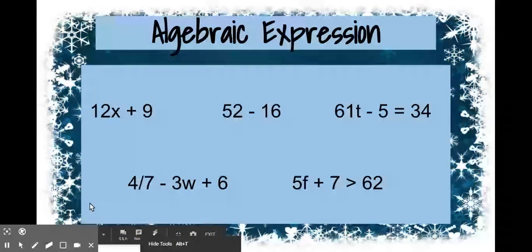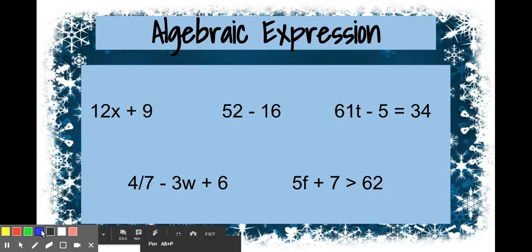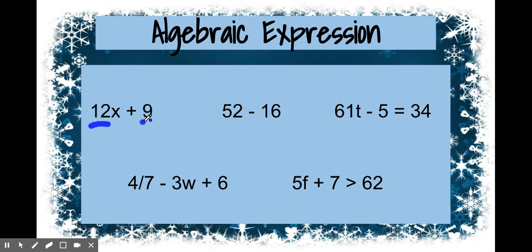We're going to move on to some examples. Here I have 12x plus 9. Well, I see I have a number 12, a number 9. I also have a variable of x and an operation of addition. This expression contains all three components of an algebraic expression, which means this is an algebraic expression.